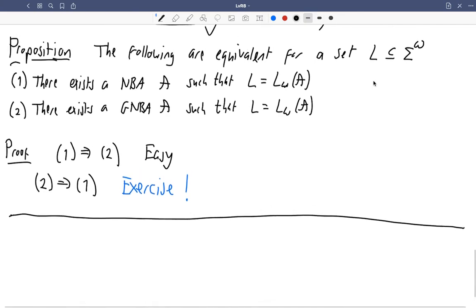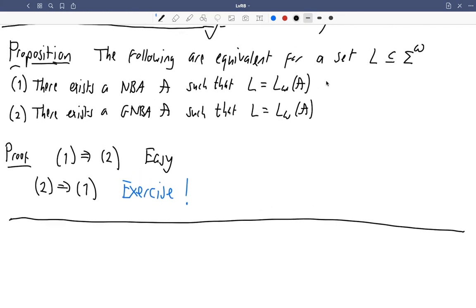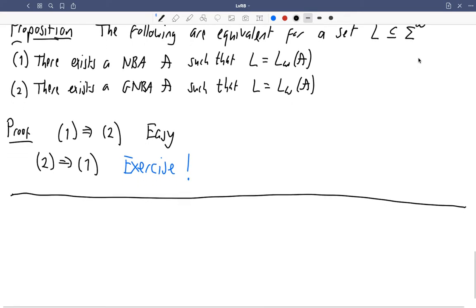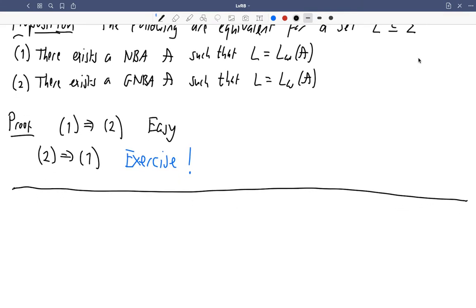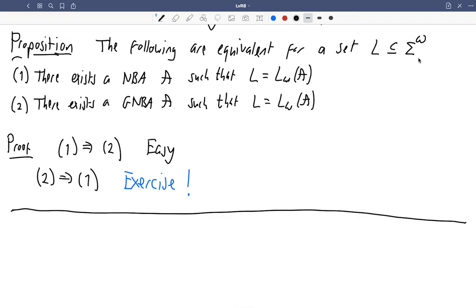So this is a very simple idea of a language, but anyway, here an omega language is a set of infinite words over an alphabet, and as we can see, it's an interesting property for a language: does there exist a non-deterministic Büchi automaton that recognizes the language, or equivalently, does there exist a generalized non-deterministic Büchi automaton that recognizes the language?